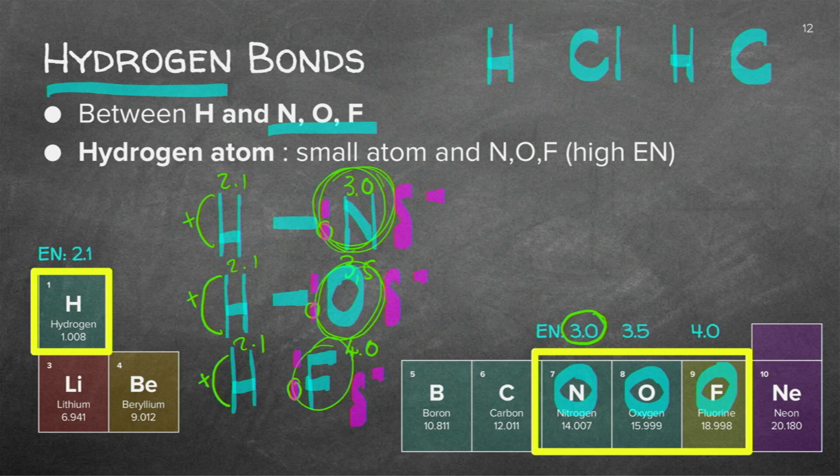And on the other hand, it's very small atoms, these 3. It's only the 2s, 2p, it's only these orbitals and energy levels that's involved. It's not a large atom. So in these 3 cases, we've got the hydrogen bond.